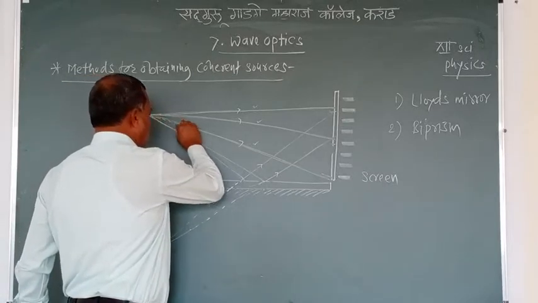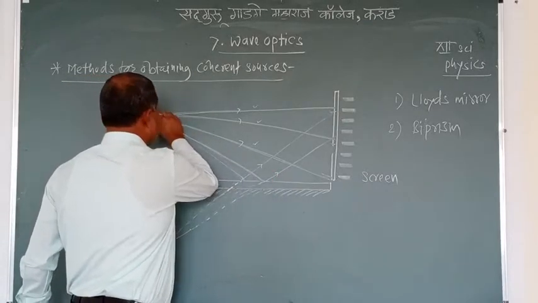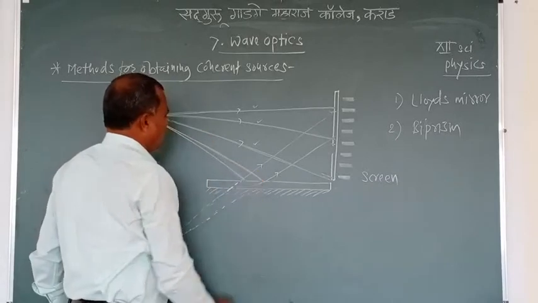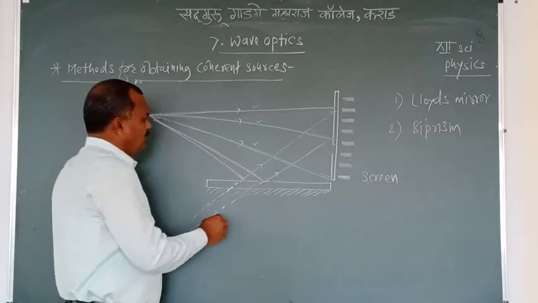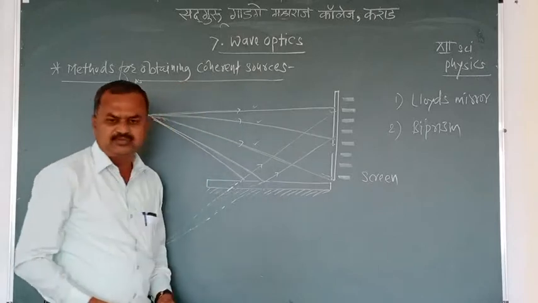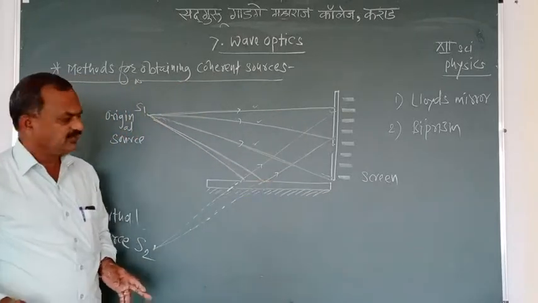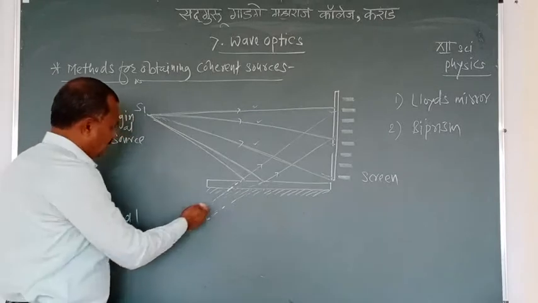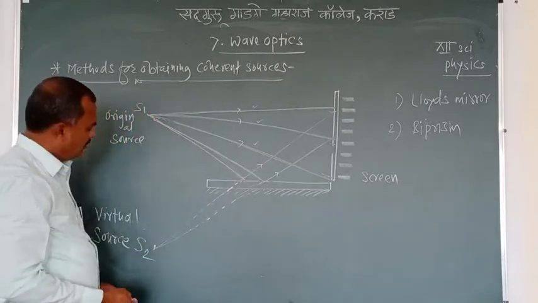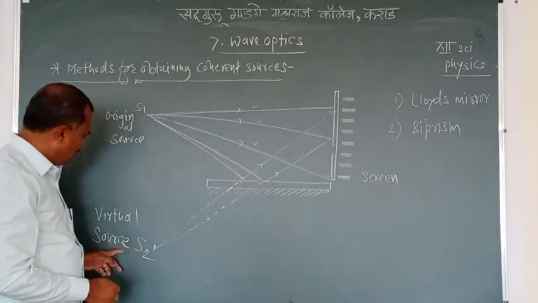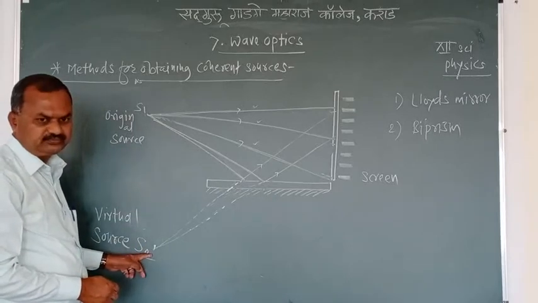In this case, this reflected light will appear to come from a virtual source S2.